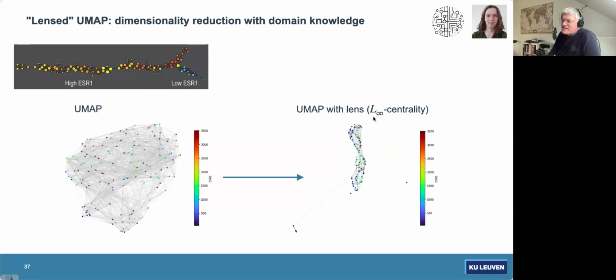Actually, if we use a lens, for example, the L-infinity centrality, so how different are my points from other points, then we really immediately get a network where these points are very different from all the other points, and these are indeed the patients that are separate. So this calculates the Vietoris-Rips complex in the background, just to basically get to that manifold approximation.